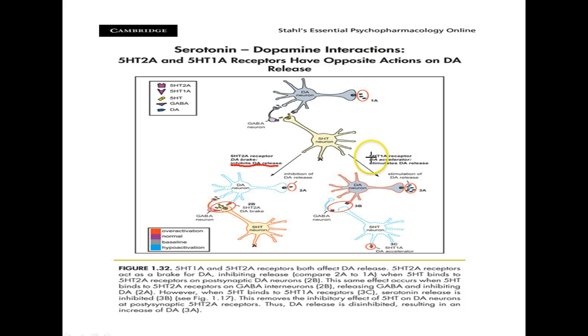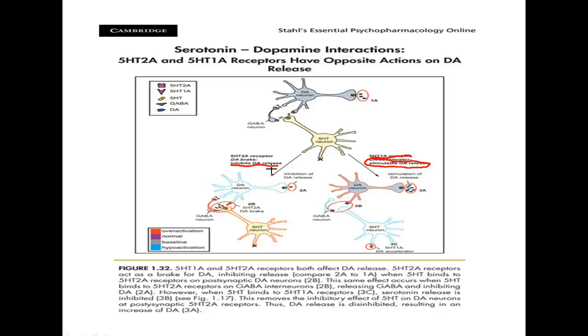Now, 5-HT1A receptor stimulation can accelerate dopamine release. This is something fairly important for us to remember. So when serotonergic neurons impinge on dopamine, if you hit the 5-HT2A receptors, it inhibits dopamine release, and if you hit the 5-HT1A receptors, it causes excessive release.